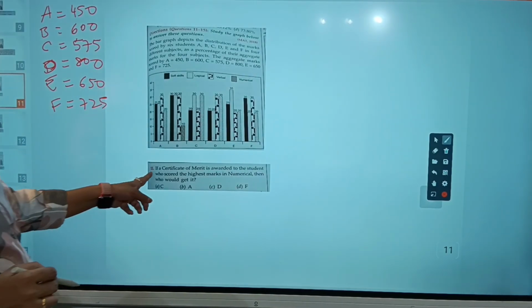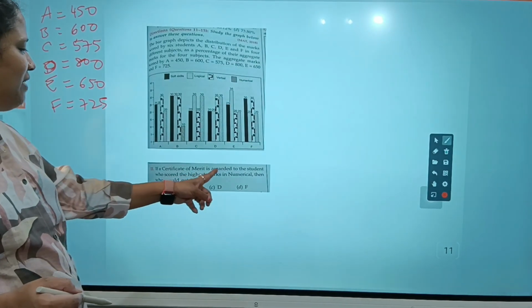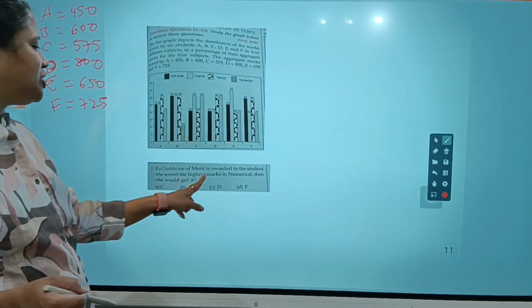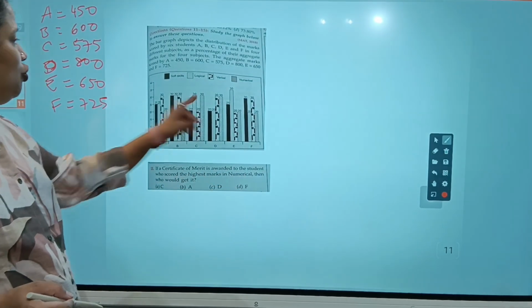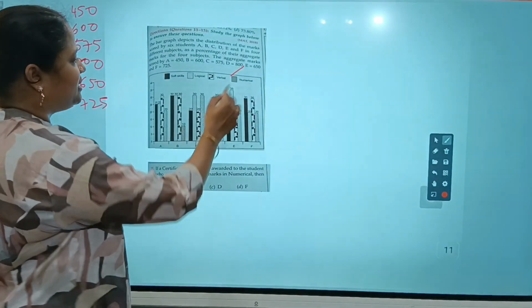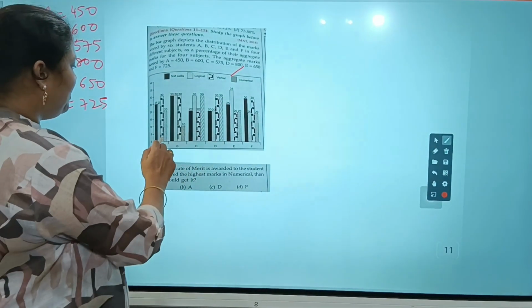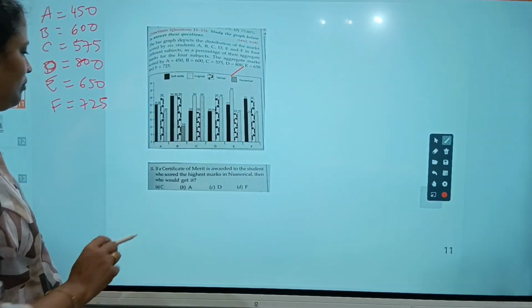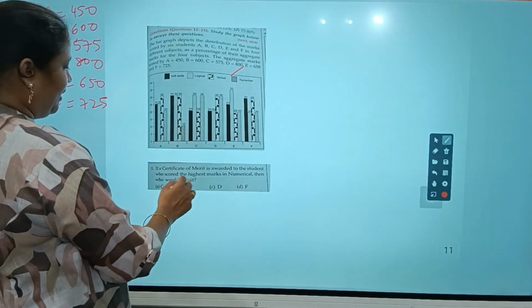Now the first question is, if a certificate of merit is awarded to the student who scored the highest marks in numerical. So numerical is represented by this grey graph, means this last one. Then who would get it?